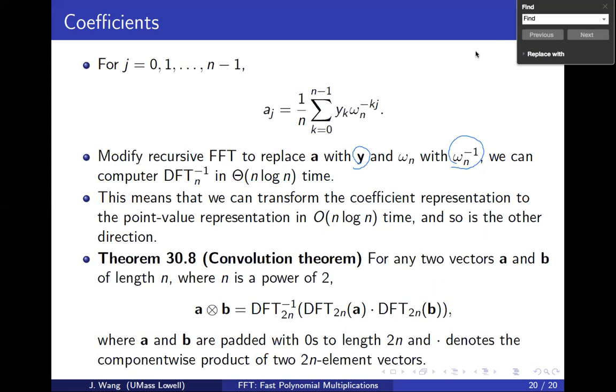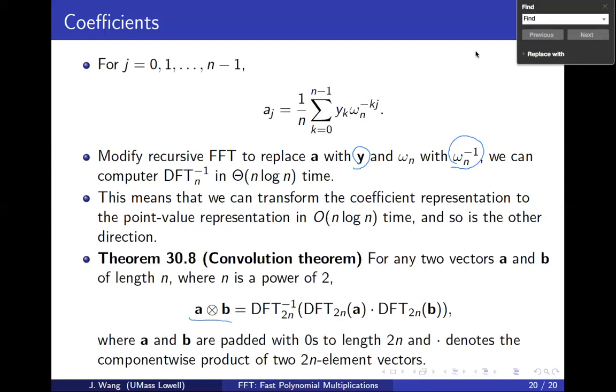So then finally we have this convolution theorem. Let's say you have two vectors A and B. You want to convolve A and B. So how do you compute this?